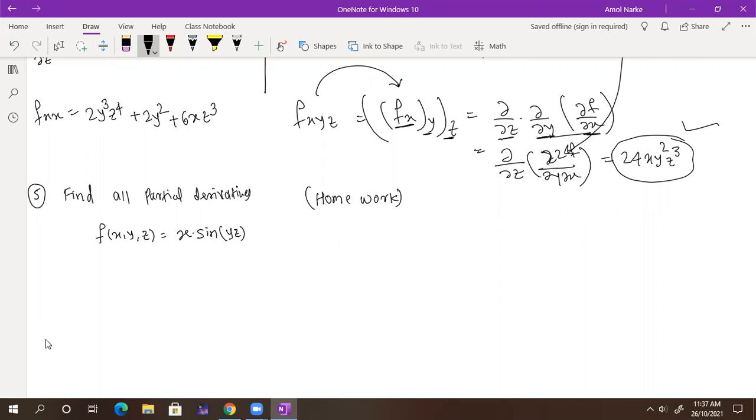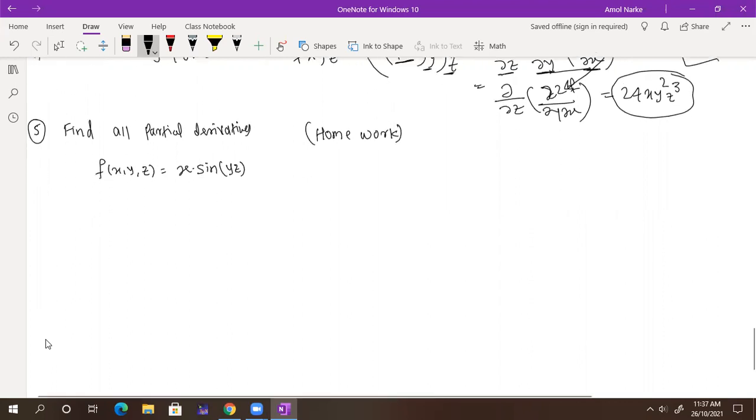Also, one more example that is quite interesting. That is what we are going to deal with in the next lecture. Same kind of example, but let's see whether you are getting it or not. Find ∂z/∂x and ∂z/∂y for the equation.